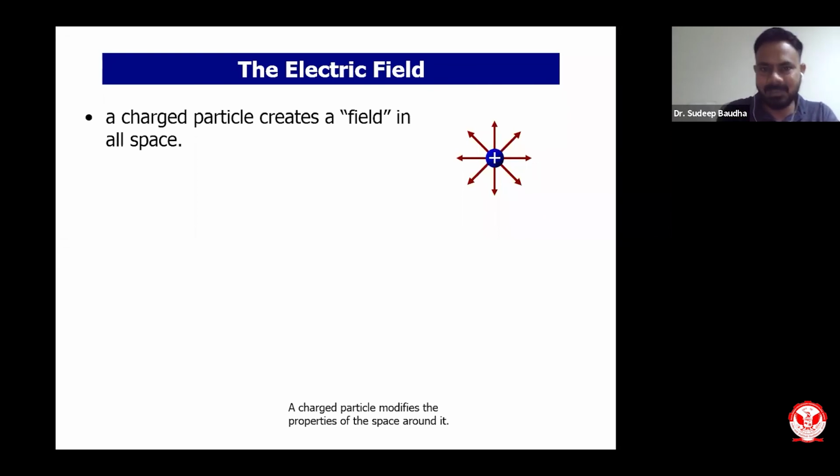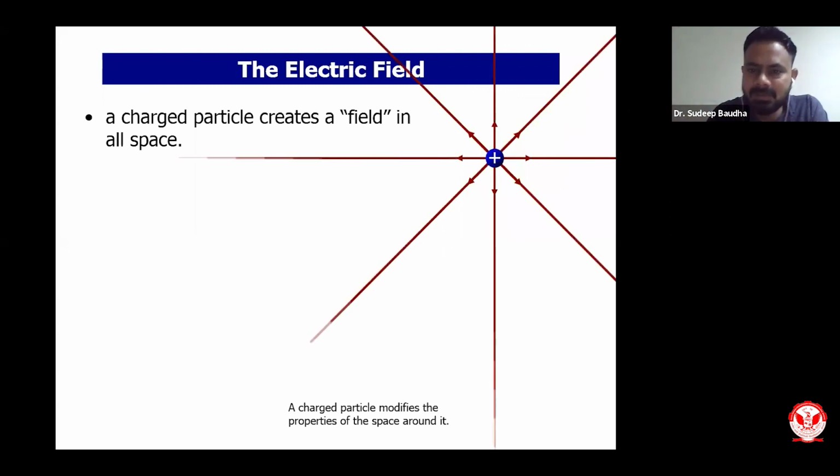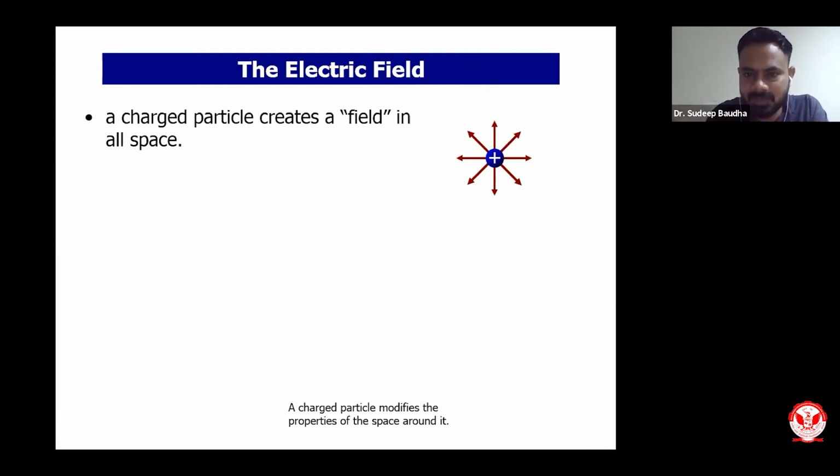I will come to the definition of magnetic field, because charges in motion produce magnetic field, but stationary charges produce electric field. I have a charged particle, indicated as plus, and it will exert some amount of field, and you can see this as the spreading of electric field. I will repeat it: this is a charge, and it spreads electric field like this.